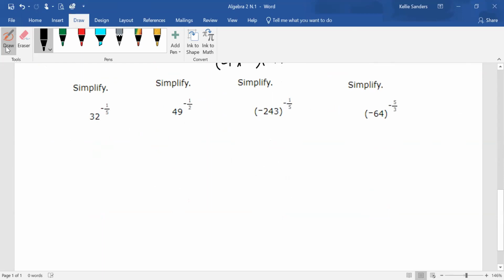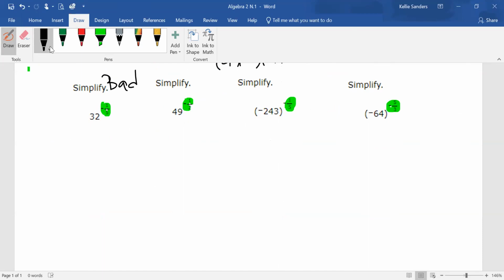Now on this one, this is when it changes a little bit and gets a little bit weird. These exponents are negative. Negative exponents are bad. So we can't evaluate anything if it has a negative exponent.